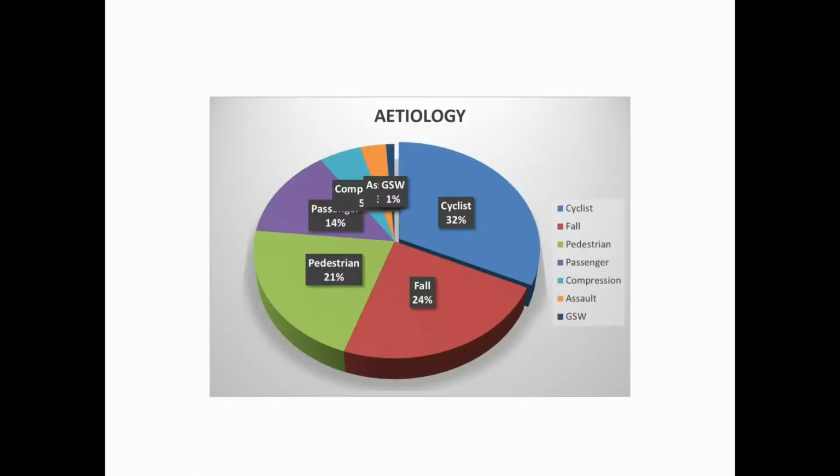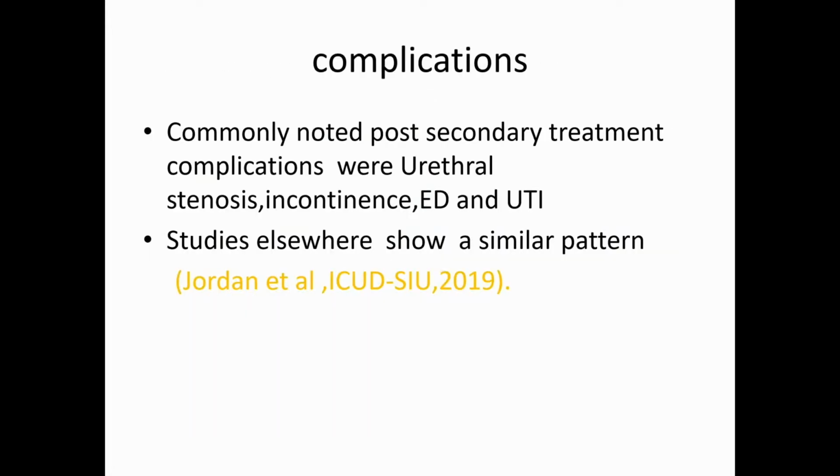So I'm going to summarize. As you can see, the cyclists are 32%. The ones who are secondary to fall or pedestrians also occupy a larger proportion. The complications, like I said, are urethral stenosis, erectile dysfunction, and incontinence.